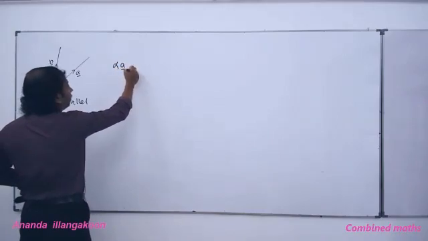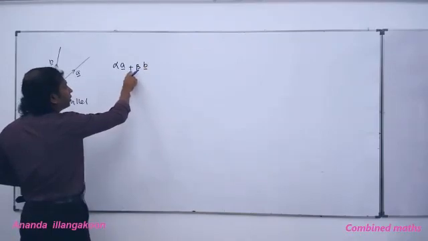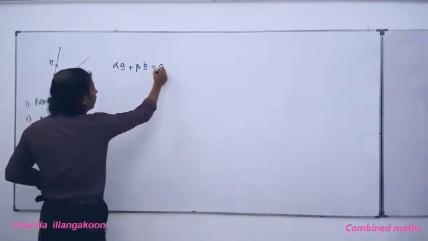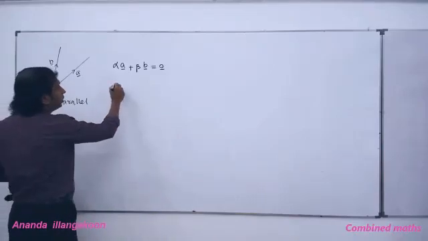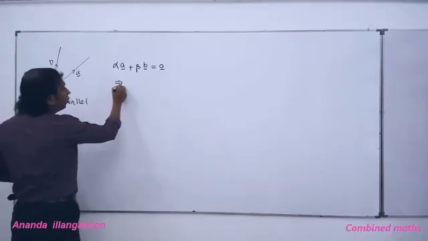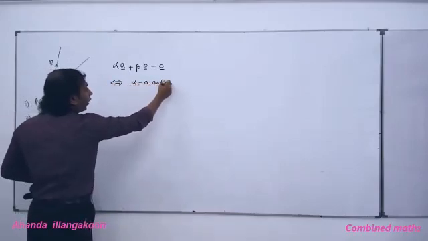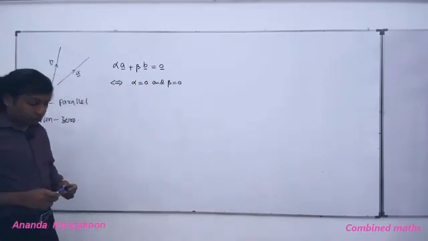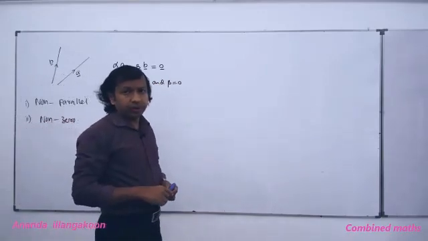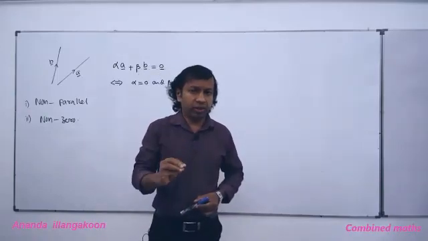satisfy a vector equation of the form alpha A vector plus beta B vector is equal to null vector, we proved this becomes true if and only if alpha equals 0 and beta equals 0. Alpha and beta are two scalars, and A and B are two non-zero, non-parallel vectors.